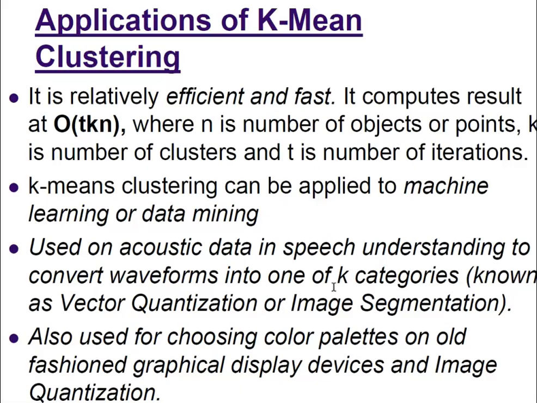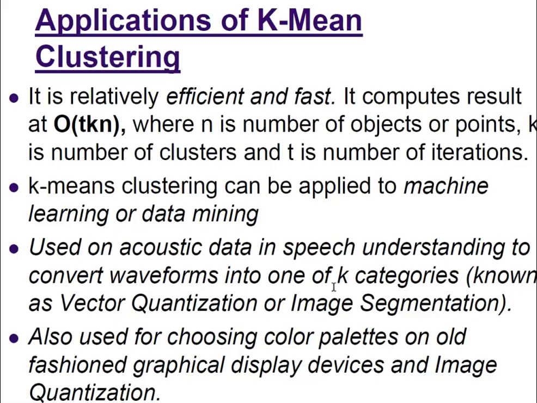Now, let's talk about why k-means is so widely used. First reason is efficiency. K-means computes in order of magnitude t times k times n, where n is the number of data points, k is the number of clusters, and t is the number of iterations.